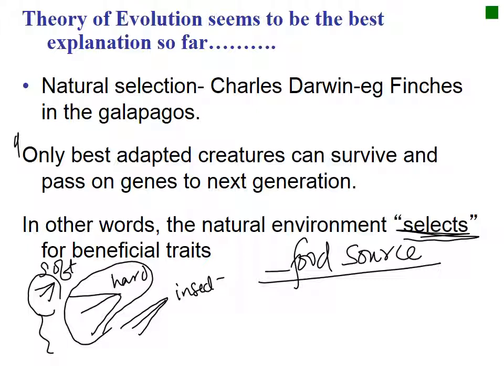And those finches who were stranded in an island where it was very hard and dry and only dry nuts would be available survived in this particular island by breaking the nuts, which they could because of the beaks which they had like this. So basically it underlines the sentence saying only the best adapted creature can survive and pass on the genes to the next generation. In other words, the natural environment sort of selects for beneficial traits. Okay.